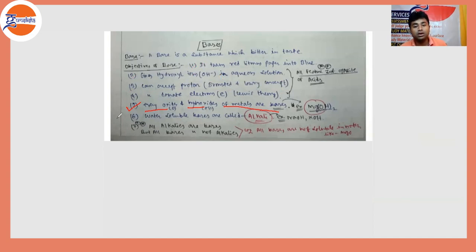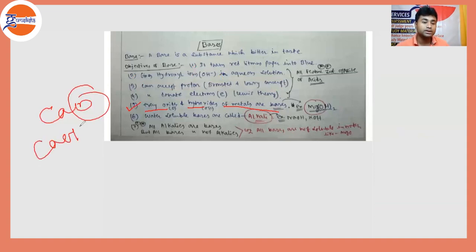We basically call oxide those things in which oxygen is present, like CaO. Hydroxide is, for example, Ca(OH)2, calcium hydroxide, in which OH bonds are present. In CaO also an O bond is present. So this is called oxide, and this is called hydroxide.